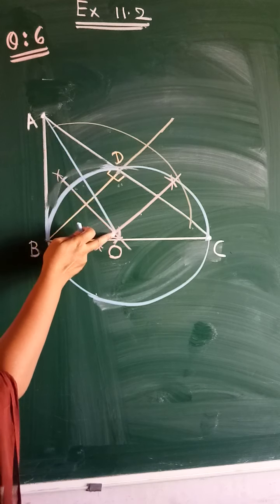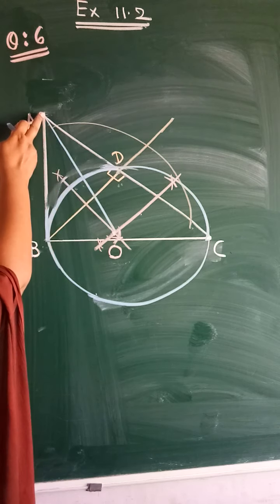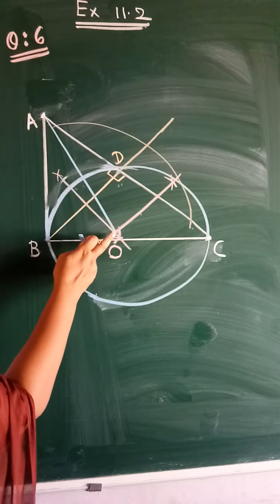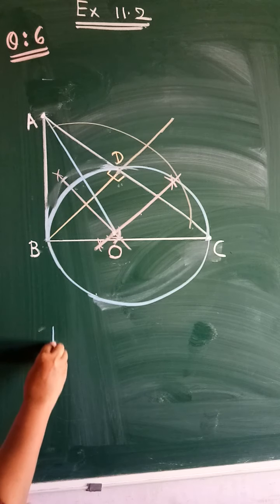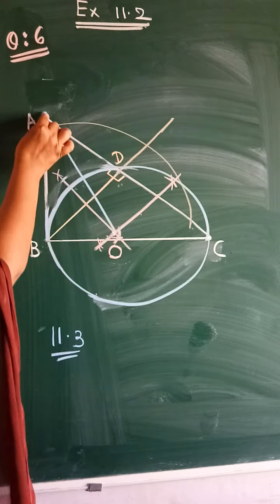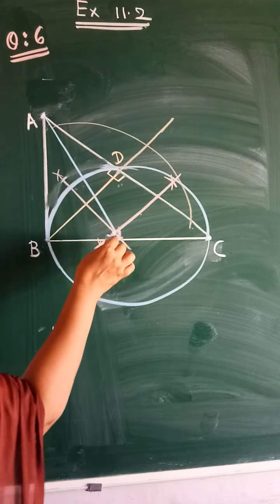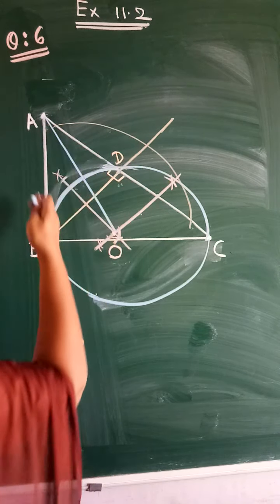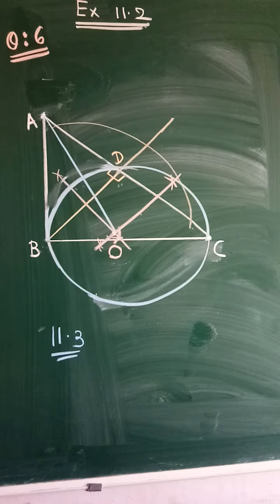Now taking AO, this is an external point, this is the center of the circle, so this is again construction 11.3. So from an external point, how to draw tangents to this circle, that you already know. I am not drawing here because the figure is getting more and more complicated.